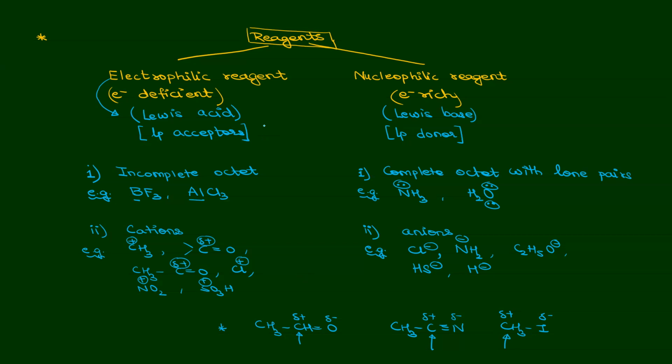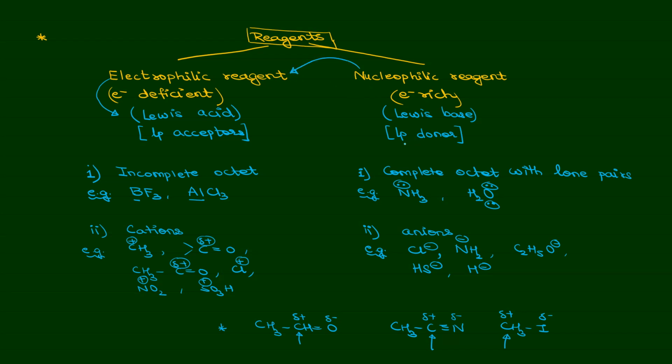Now some important properties. If there is an electrophilic reagent, it will be attacked by a nucleophile. So of course, the electron-poor electrophile will be asking for electrons from the electron-rich nucleophile. But if there is a nucleophile, then it will donate the electrons to the electron-poor electrophile. So basically, the nucleophile is going to transfer its lone pair or electron pair to the electrophile.